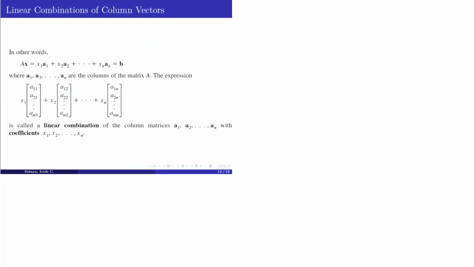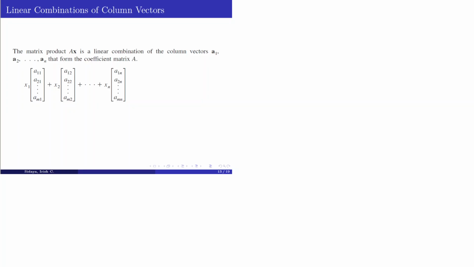So in other words, AX is equal to x sub 1 times a sub 1 plus x sub 2 times a sub 2, and so on. Remember, your a's there are the columns of the matrix A. So this expression is called a linear combination of the column matrices a sub 1, a sub 2, and so on up to a sub n with coefficients x sub 1, x sub 2, and so on up to x sub n.